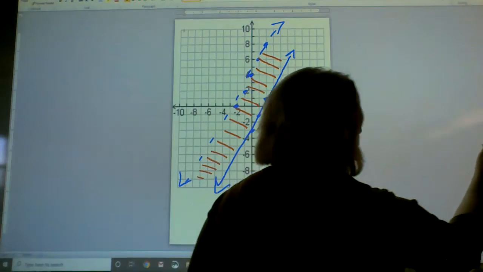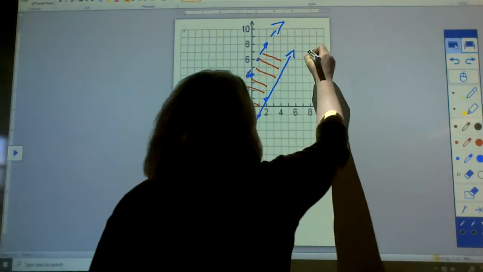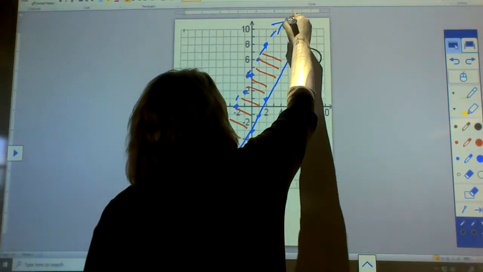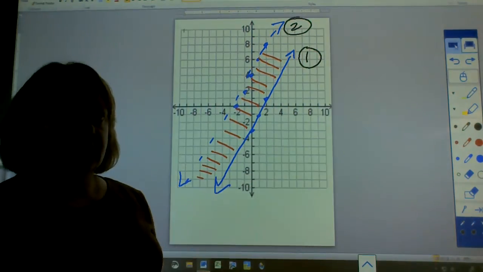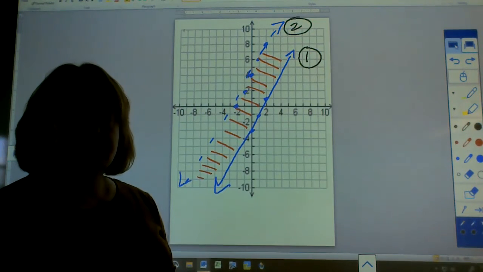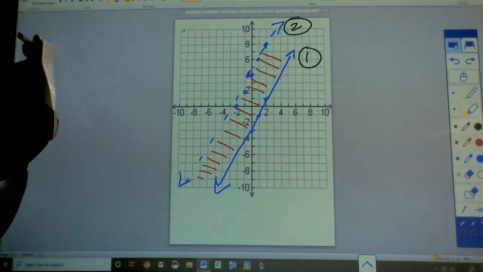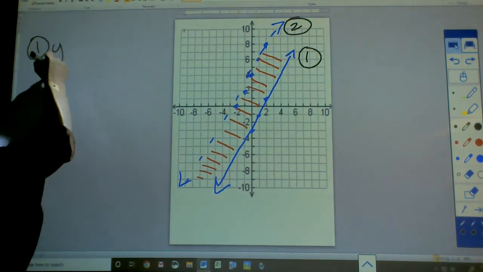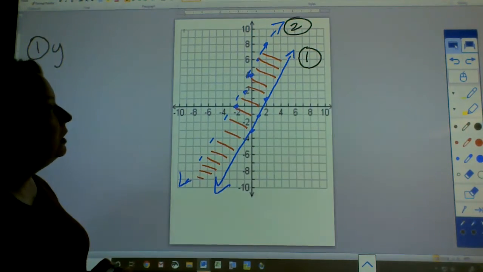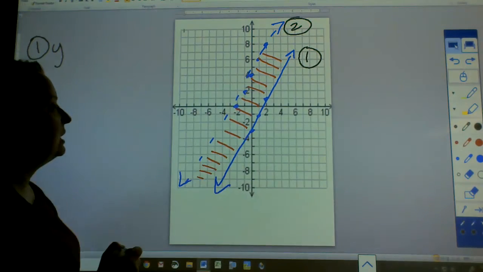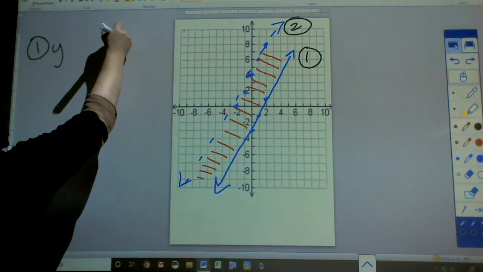Okay, so let's move over and we're going to label these line 1 and line 2. And we're going to find the equation, the inequalities that go with the system. So number 1, y, and we're going to leave a few spaces here. So the intercept for that one is at -3, so I have -3.